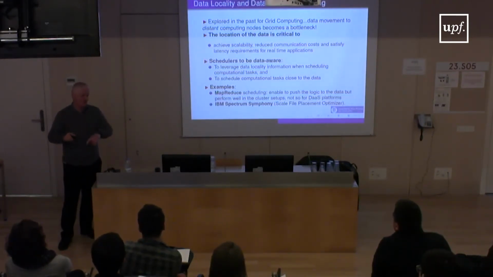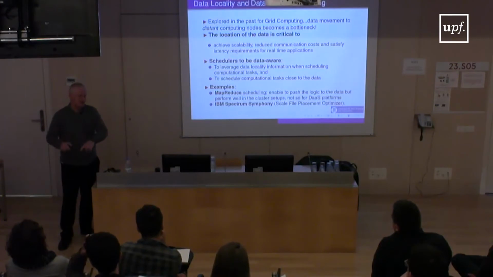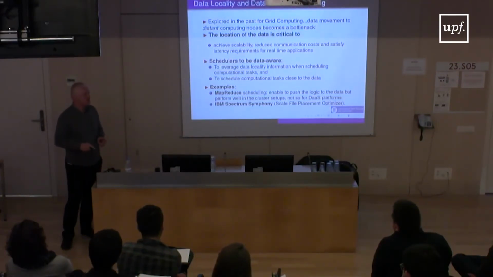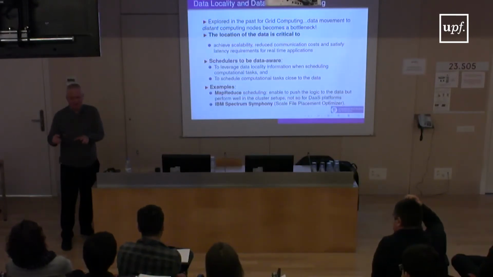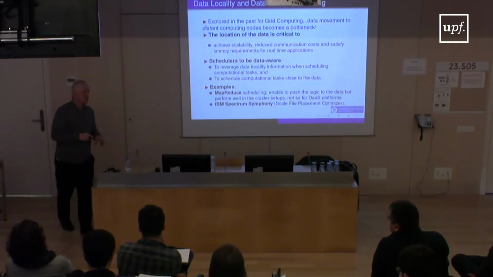You cannot move data from one facility to another. You can even less move the data from one country to another one, so you cannot do cross-border data movement, etc. So the idea is to make the scheduler data aware, meaning that instead of moving the data to the computing node, now the trend is to do the vice versa: to push the services to the data node, right?